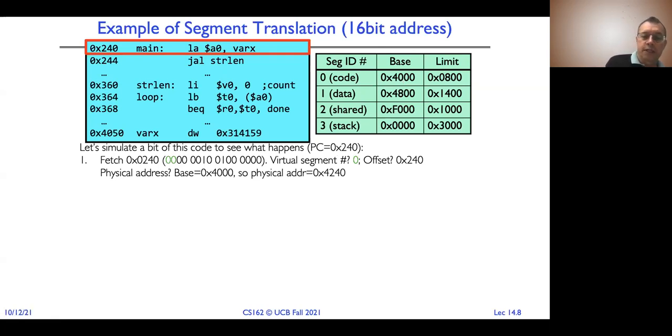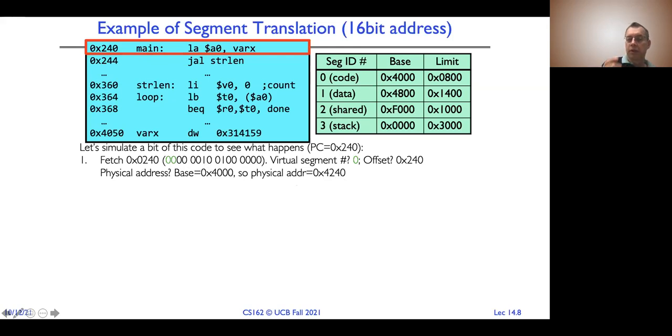The base is 4000 and the virtual offset is 240. The offset is the black bits in the address, and the bits encoding the segment identifier are the green bits. So you add the offset, 240, to the base, 4000, and you get the physical address 4240.